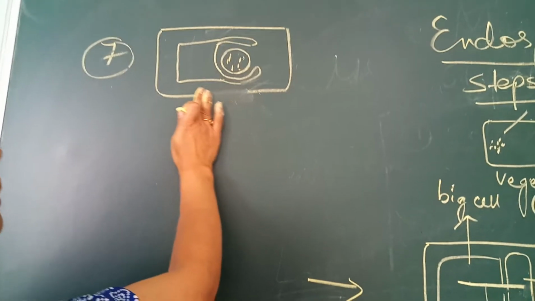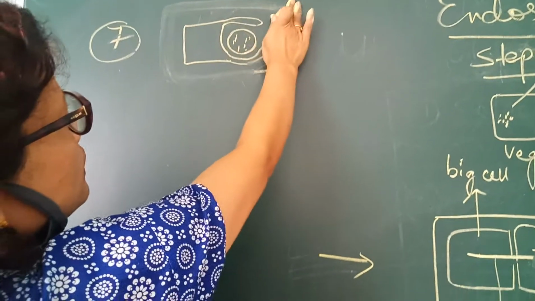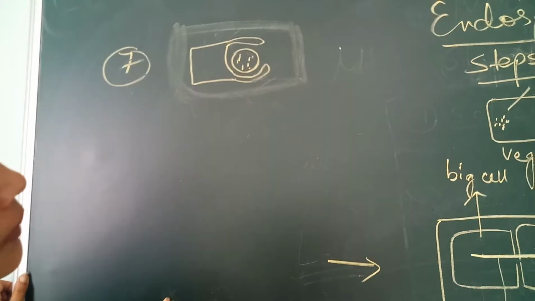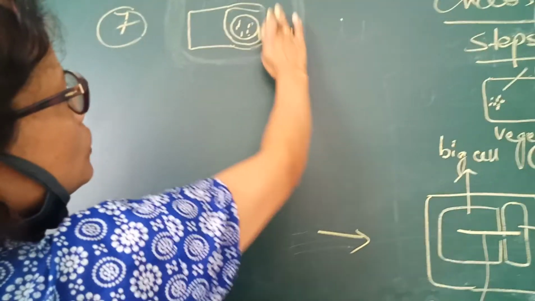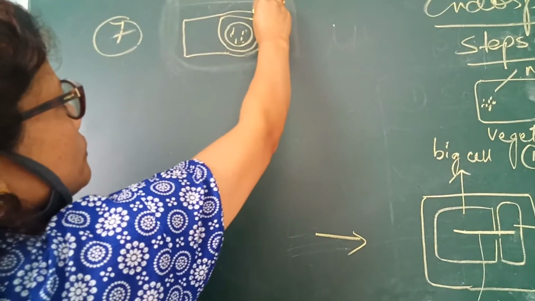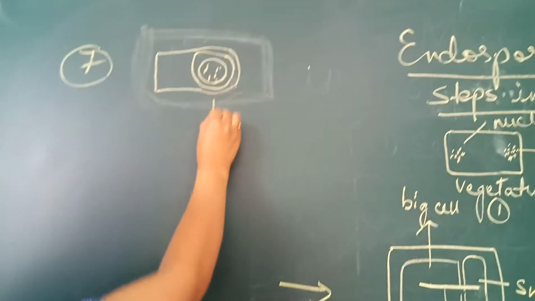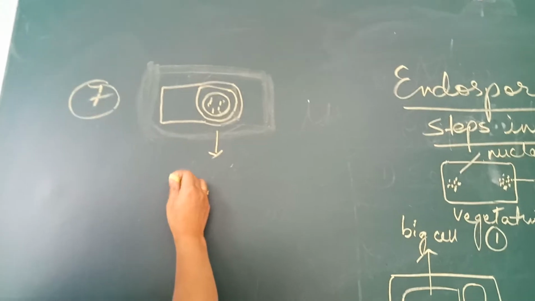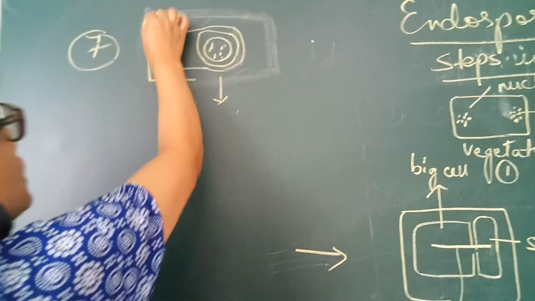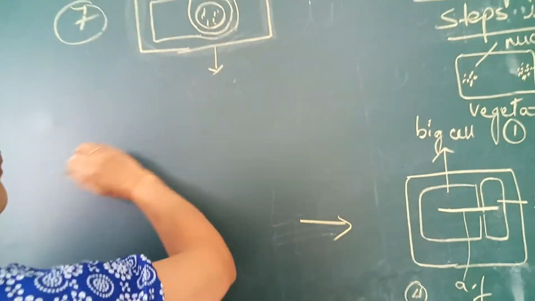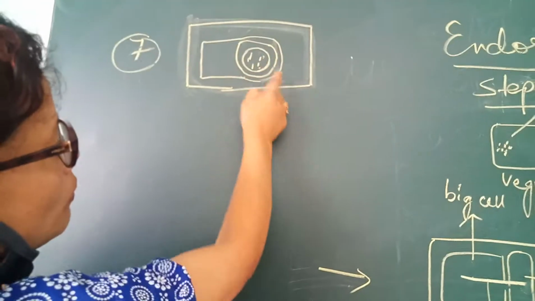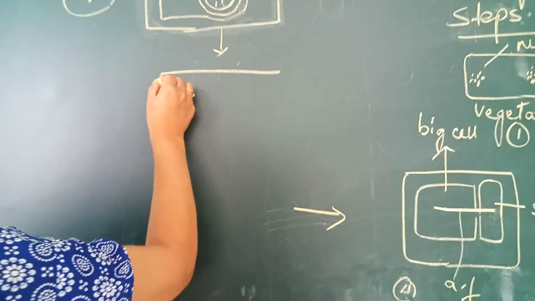Now slowly this will disintegrate. Okay, and these two will meet. Okay, that is completion of septation. Then, sorry, this will not disintegrate, this will remain, and these two septa will join together.